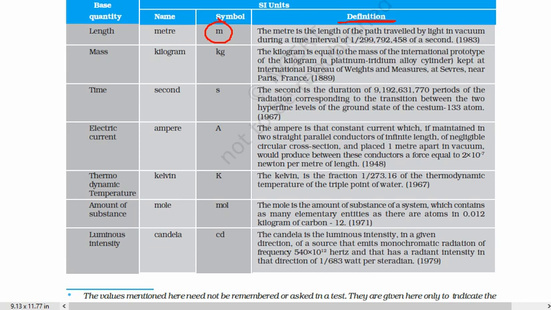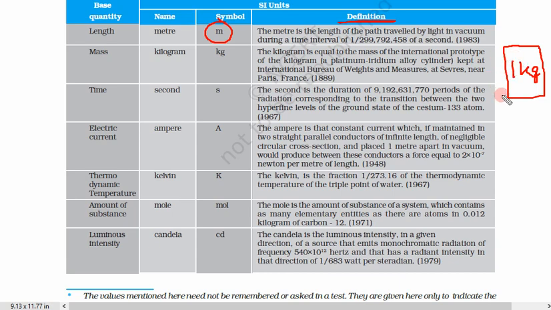So what happened? Initially there were standards. In France they have a piece of metal on which they have written 1 kilogram. So that is the standard, 1 kilogram. In comparison to that standard 1 kilogram, everybody measured their kilogram with that standard kilogram.